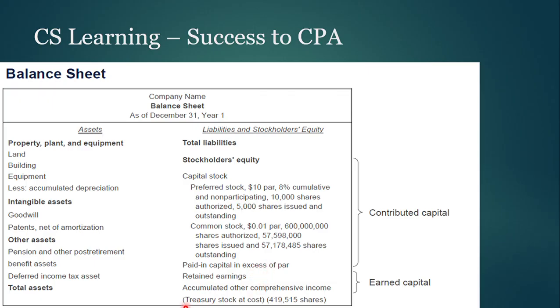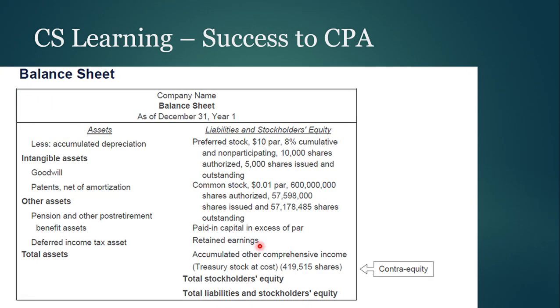And the last part is the treasury stock. Treasury stock is stock that the company purchases of its own, and it is categorized under treasury stock. So this is the balance sheet part.